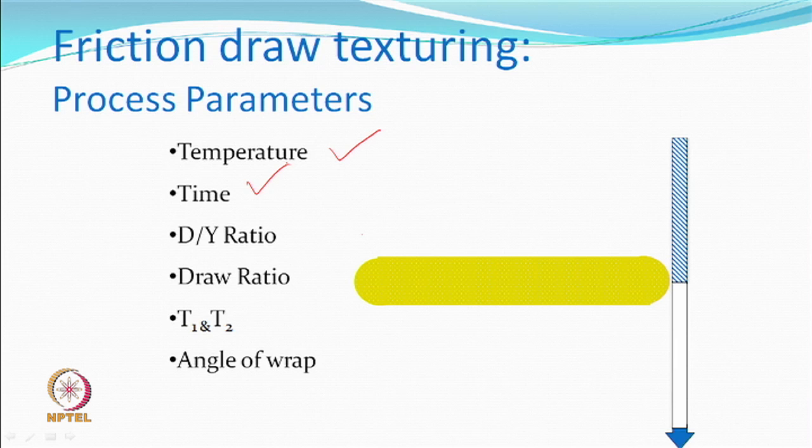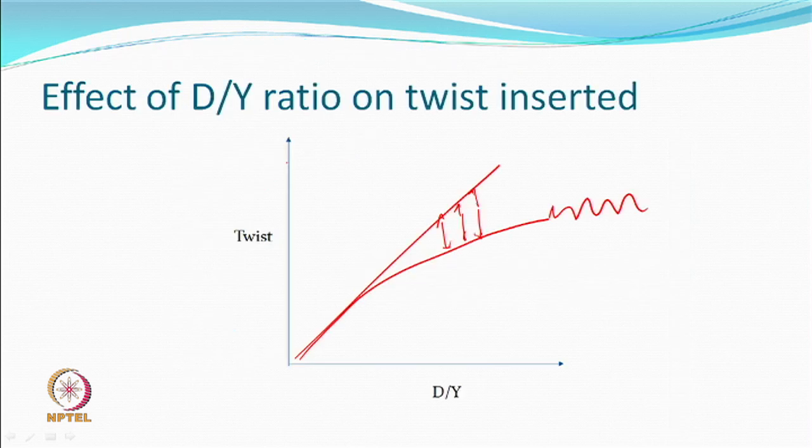We were discussing something on the draw ratio, D by Y ratio, and what we learned was that the D by Y ratio essentially is related with the twist being inserted into the yarn, and this twist insertion is not linear, and so there are slips as you keep on increasing the D by Y ratio.